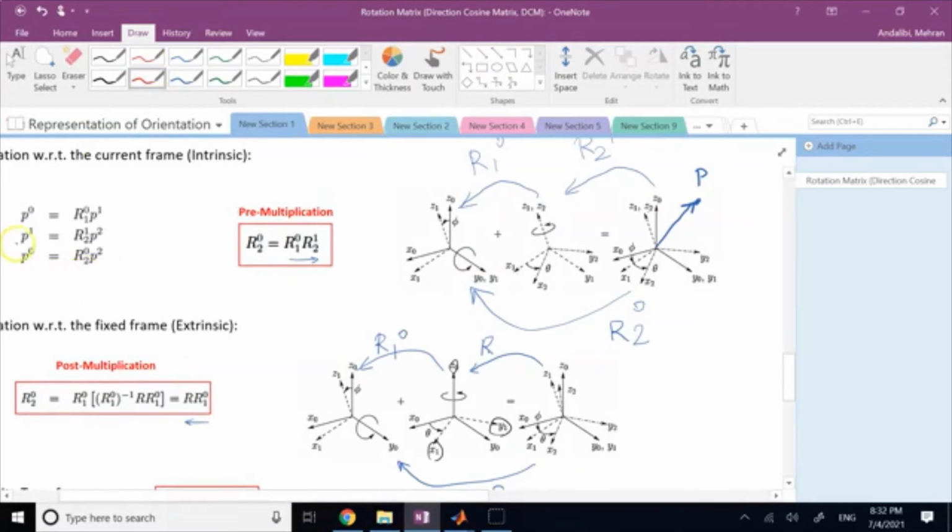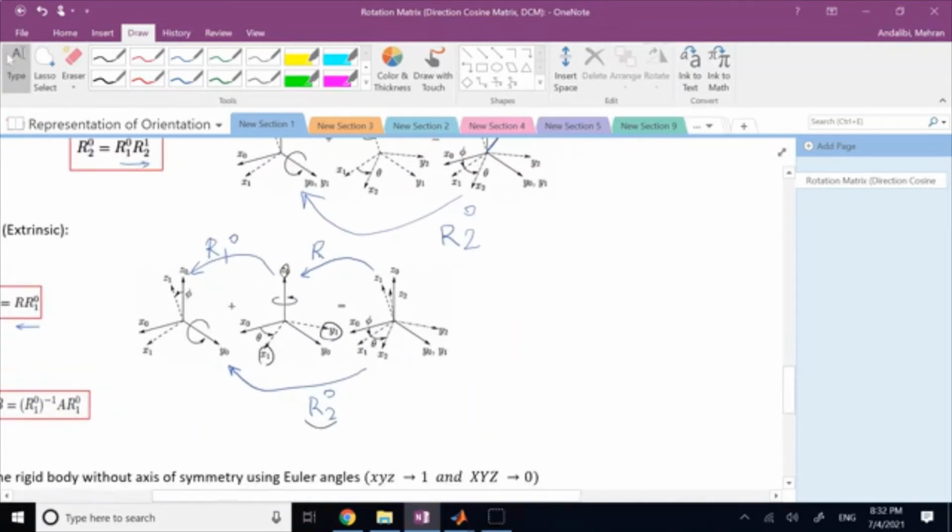Now let's go back and see why I have to post-multiply. This rule still applies, except for this middle one, right? So in this case, if again I have a point P, the point P between 0 and 1 is clear. I can go from P in 1 to P in 0 by multiplying by R1 with respect to 0. No worries.